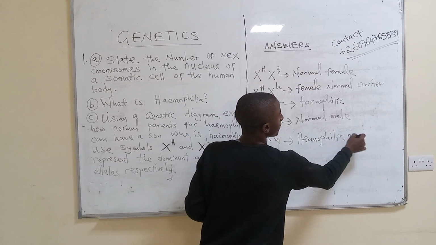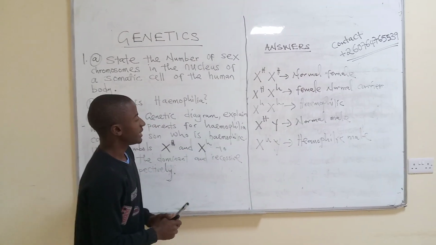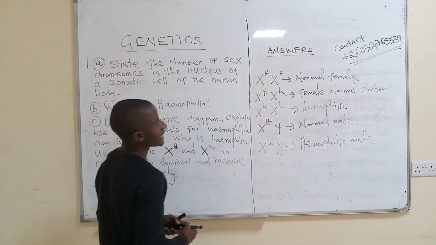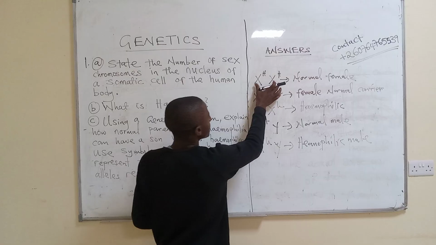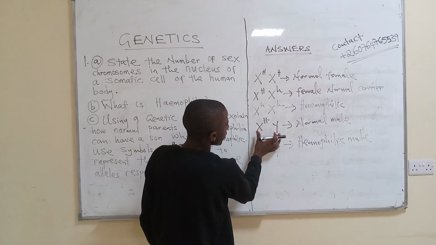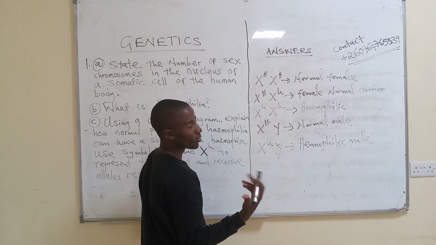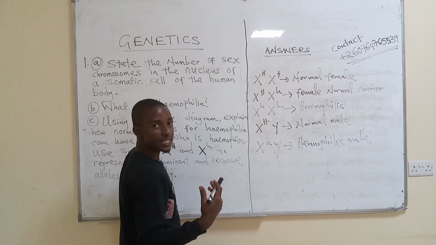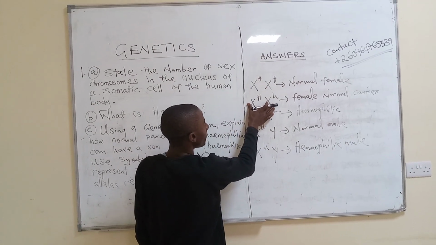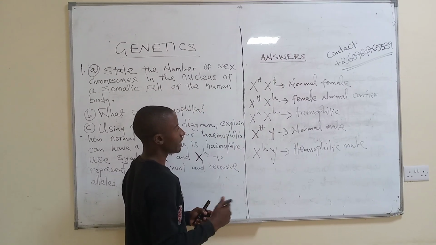Now, the question says two normal parents. Like I said, this is the normal female, and this is the normal male. It is impossible for these two to produce a son who is sick. But it is possible for a normal parent with a normal parent who is a carrier to have a son who is hemophilic.